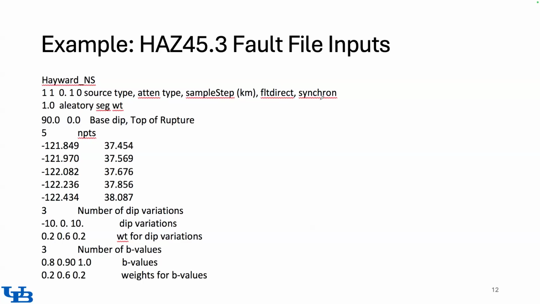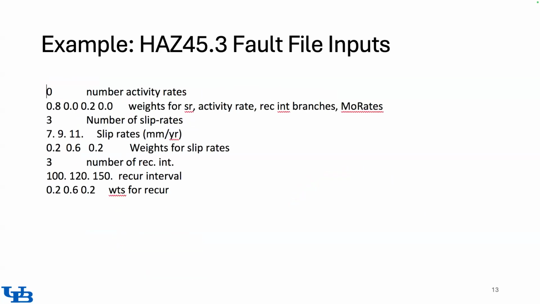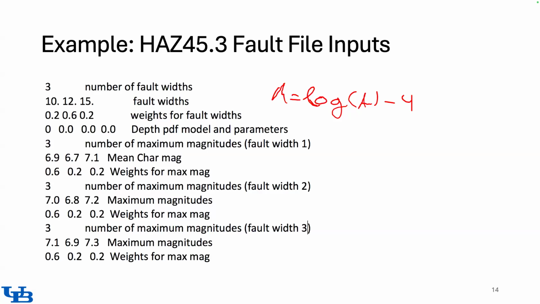This will define some type of fault trace that may go something like this. Each point defines a vertex for this polyline, so you can measure the length of your fault trace. But then you have different realizations for your fault width.